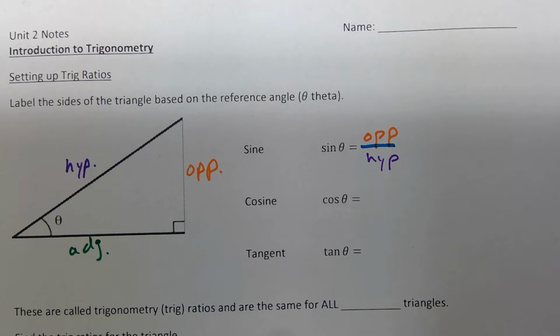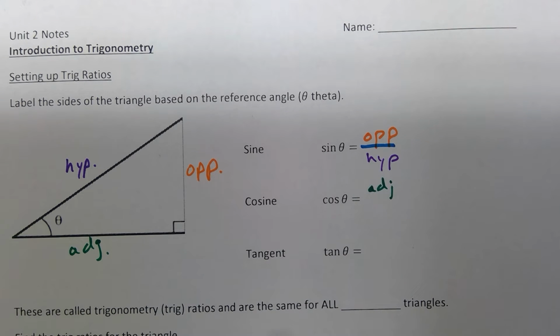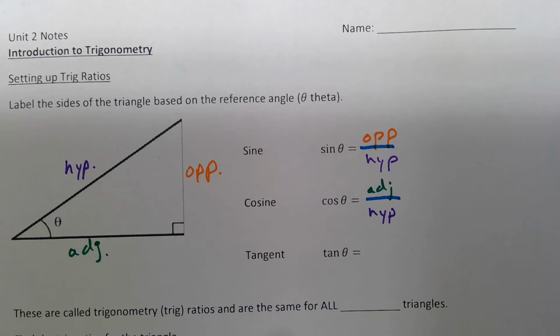My cosine is going to be my adjacent side over my hypotenuse, and my tangent is going to be my opposite side over my adjacent side.